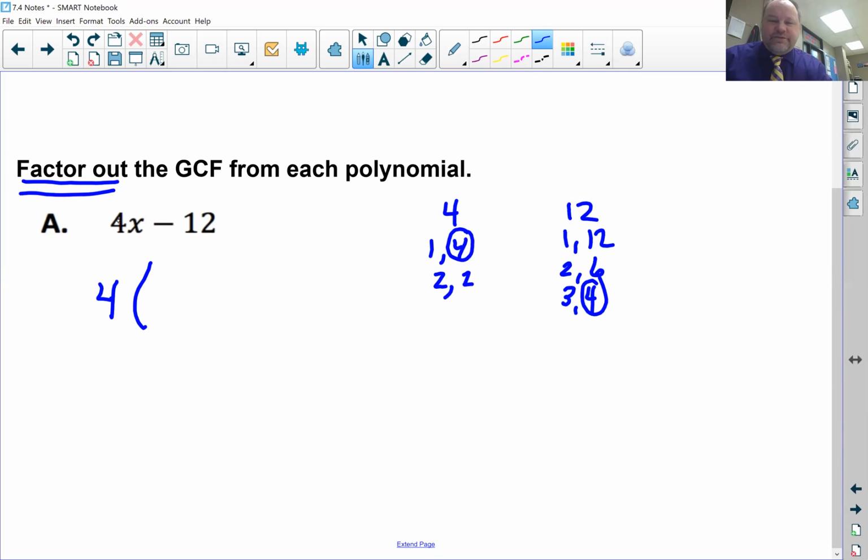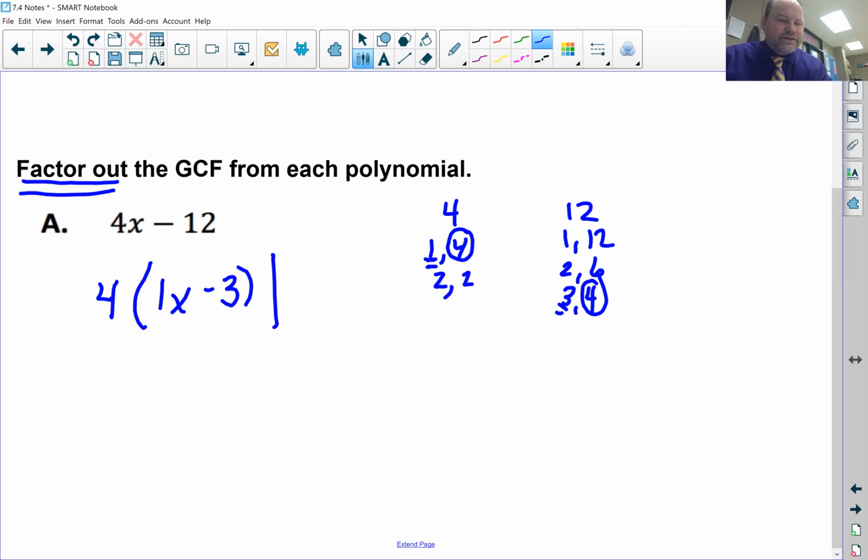Kind of easy to see if you write out your common factors, right? 4 and 1 are factors, so 4 divided by 4 has to be this other factor, 1. So I have 1x. 12 divided by 4 is 3.